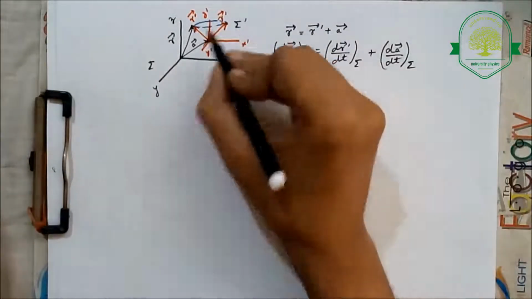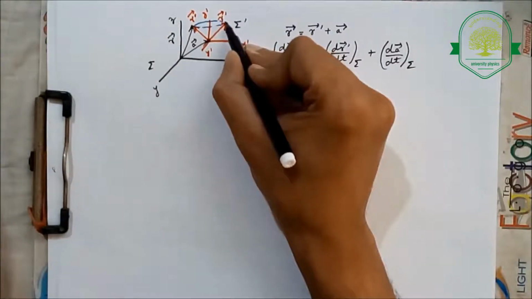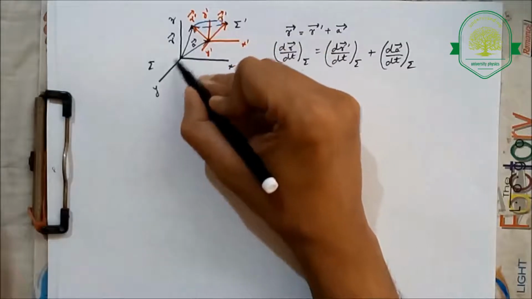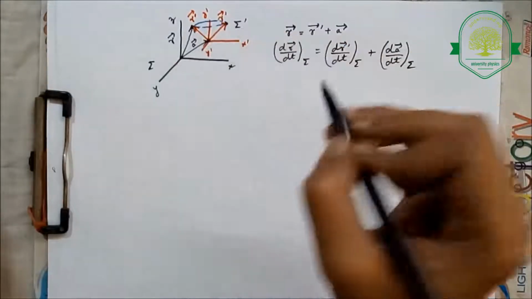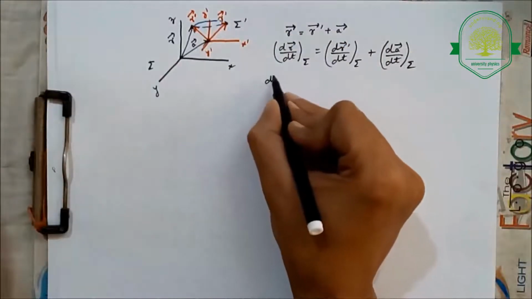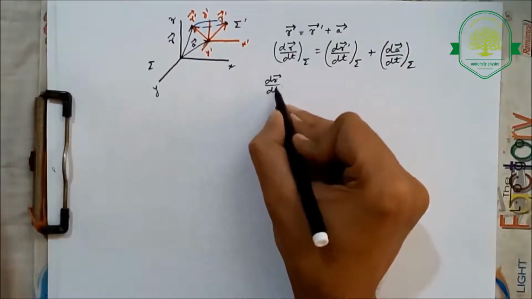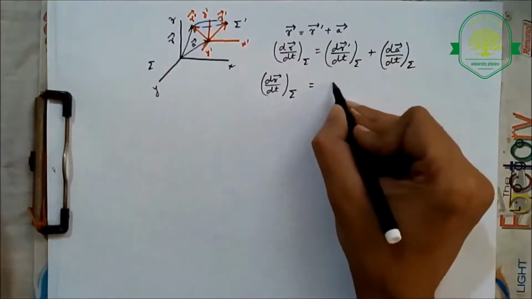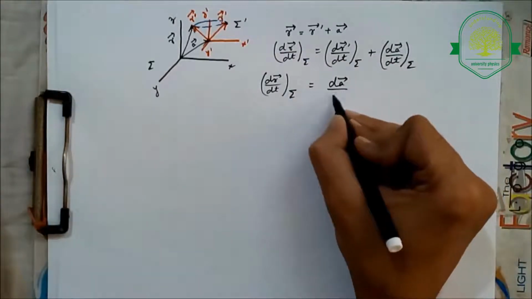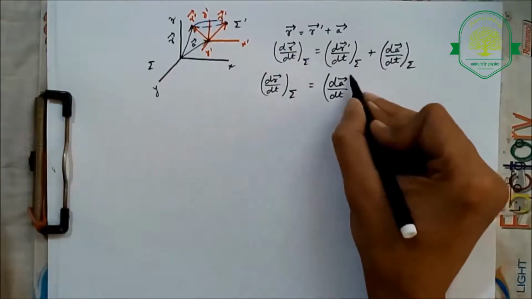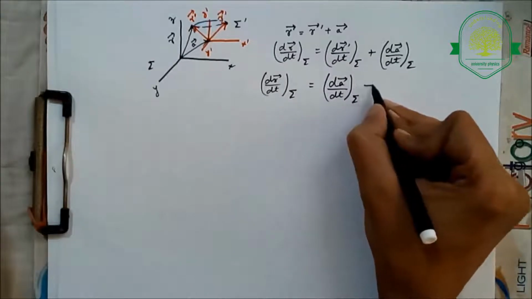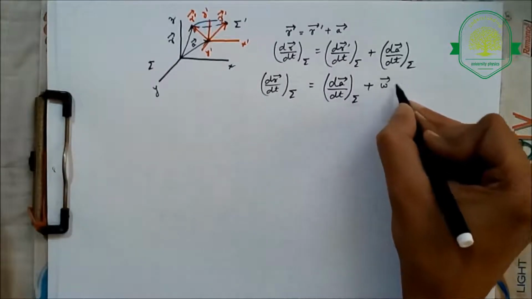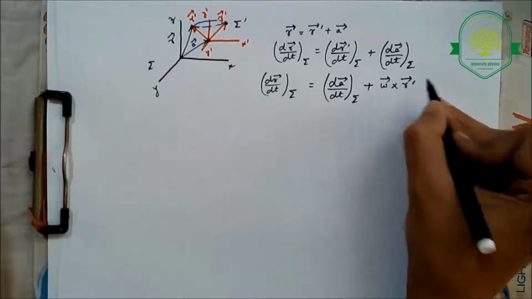So if the position vector of this point as seen from the unprimed frame of reference is r, then we can say that dr over dt as seen from the sigma frame is dA over dt as seen from the sigma frame plus omega vector cross r primed vector.